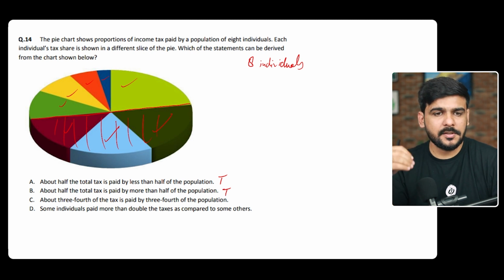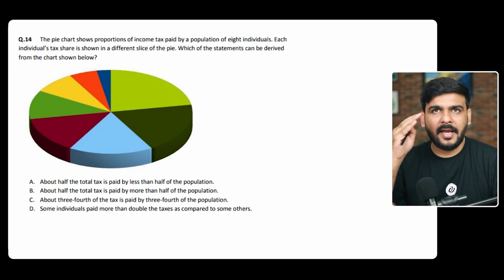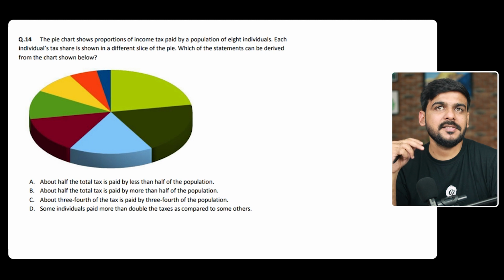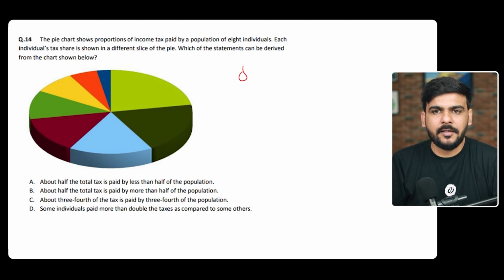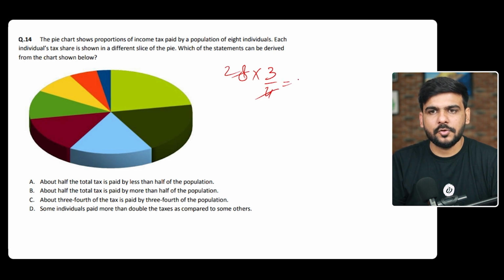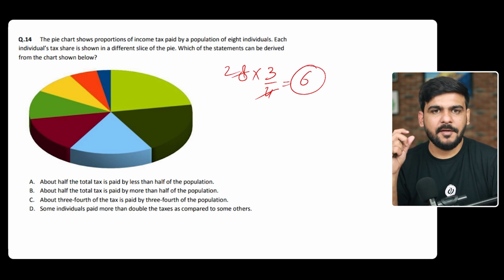Now let us come to the third statement, that is, about 3/4 of the tax is paid by 3/4 of the population. So that means in this pie chart, any 3/4 of the portion, that is the area covered in this pie chart, is 3/4. It is paid by 3/4 of the population. Now the total population is 8. So how many would be 3/4? We can find out like this. So 6 individuals. That means if we can find that 6 individuals are paying 3/4 of the tax.